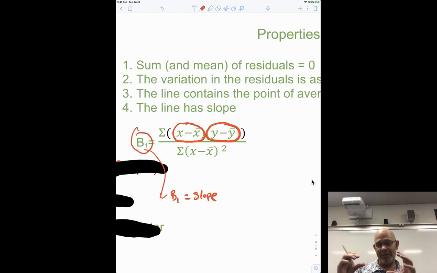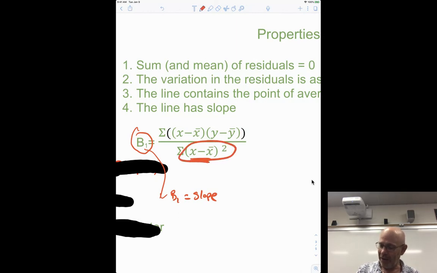So you take a point, and you subtract the x average from the x, the y average from the y, and you multiply them together, okay? Once you multiply them together, you're going to add them all up, and then you're going to divide that by each x minus the mean squared. So you just do it for every x.